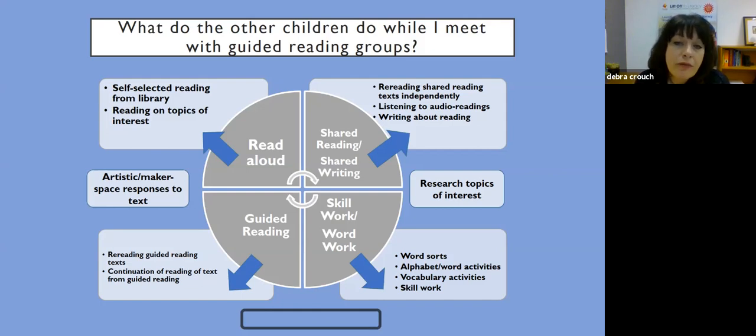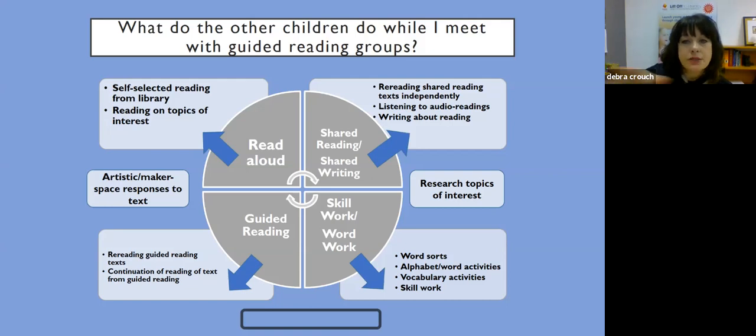And then also offering them opportunities to follow up and do some research, because one of the things about really good guided reading texts is oftentimes kids are left with lots of wonderful questions. And so we want to give them opportunities to go out and research and find some ideas about the questions that they have. So here are all the different kinds of things that kids might be doing while the teacher's meeting with a guided reading group.